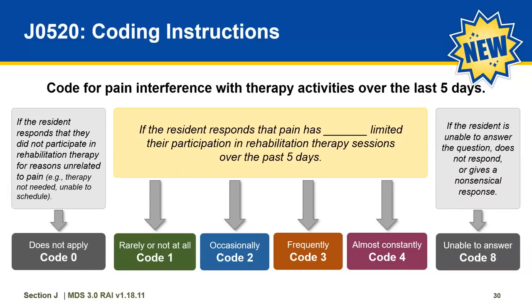If the resident responds that pain has almost constantly limited their participation in rehabilitation therapy sessions over the past 5 days, code 4, almost constantly. Code 8, unable to answer, if the resident is unable to answer the question, does not respond, or gives a nonsensical response.